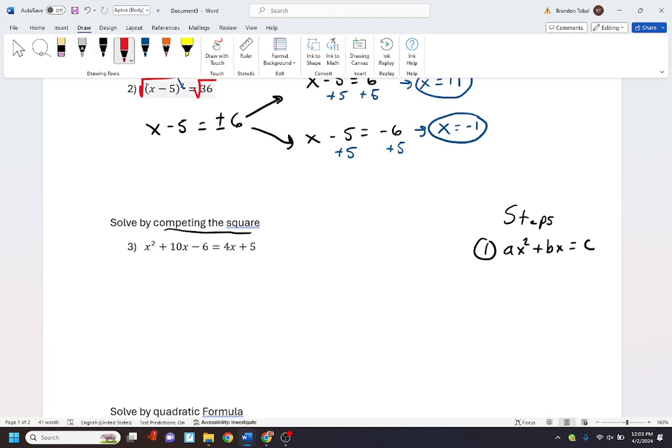Which means in a question like this, I'm going to do plus 6 to move it to this side, and then minus 4x to move it to this side. So x squared plus 6x equals 11.